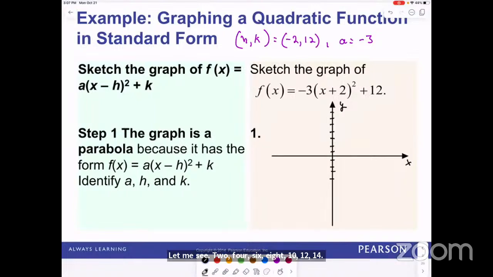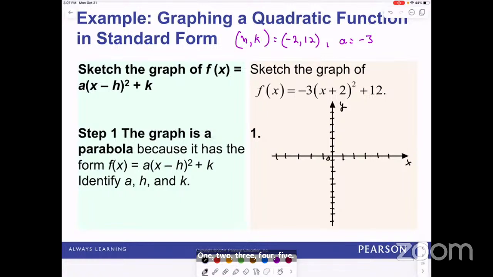This is a rough sketch. It's not necessarily drawn to scale. 3, 4, 5. 1, 2, 3, 4, 5. So the origin's about here.